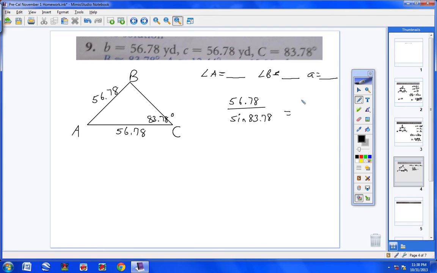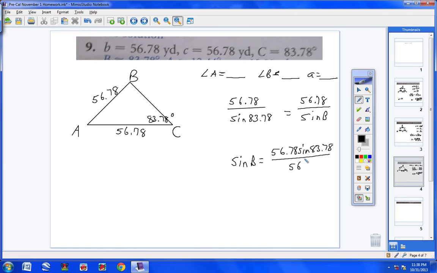So side 56.78 goes with the sine of angle B. Now, if we cross multiplied and then divided, we would have the sine of B equals 56.78 sine of 83.78, all of that over 56.